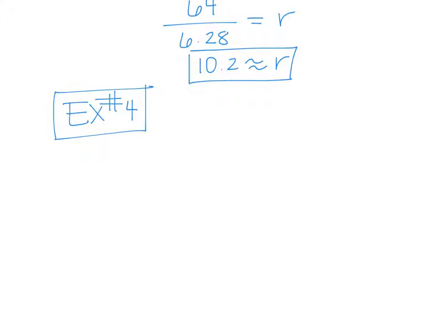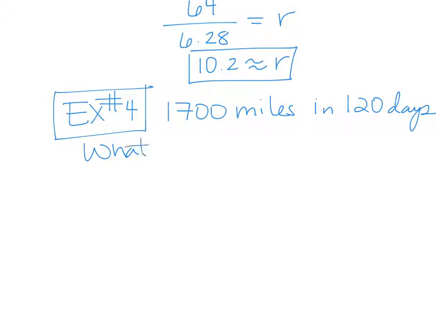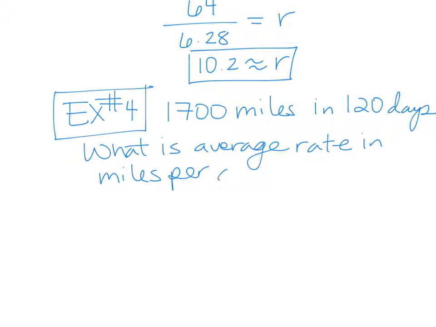It says a group of monarch butterflies migrates 1,700 miles in 120 days. So they go 1,700 miles in 120 days. What is the average rate in miles per day?